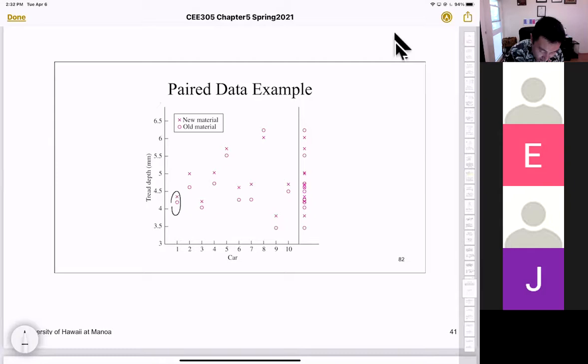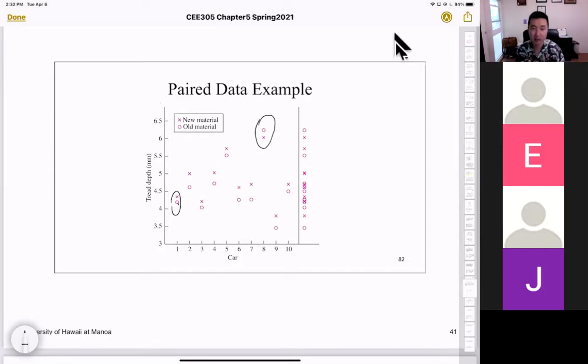The cross is the tread depth for new materials, and the circle is the tread depth for old materials. This is the result for all 10 cars. We can see that for most cars, the new materials have deeper tread depths, which means the new materials are better, but not for car number 8.